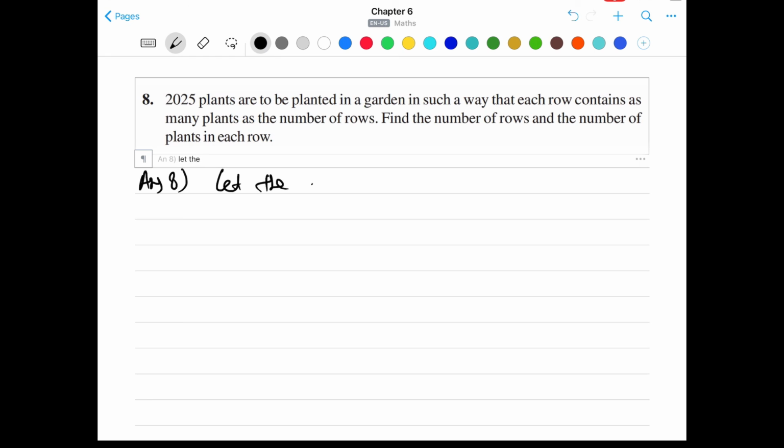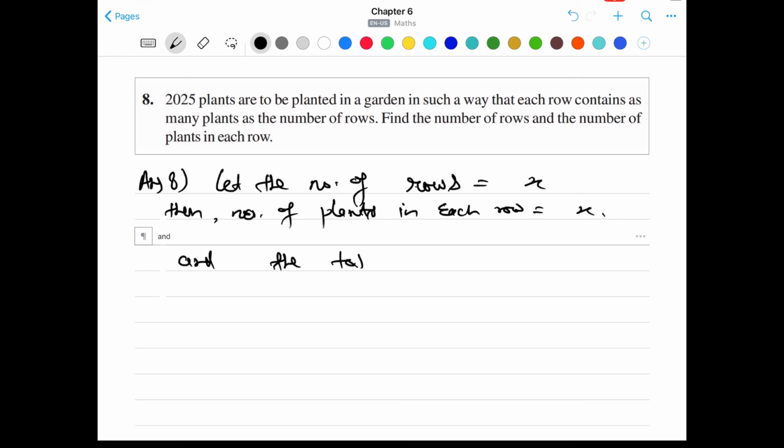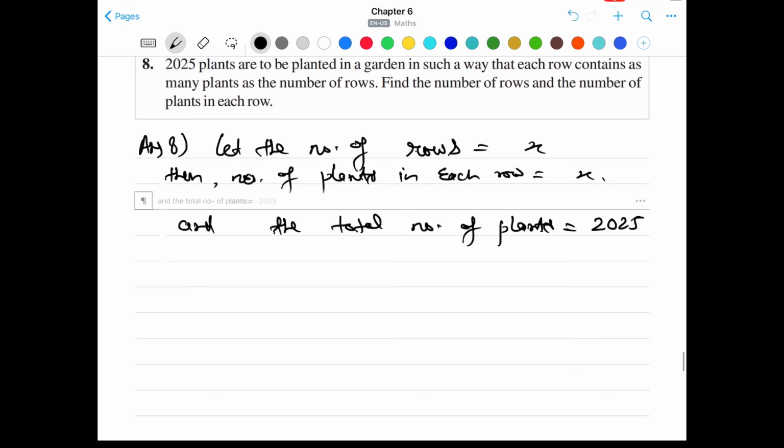Let the number of rows equal x, then the number of plants in each row is also equal to x, and the total number of plants is equal to 2025.